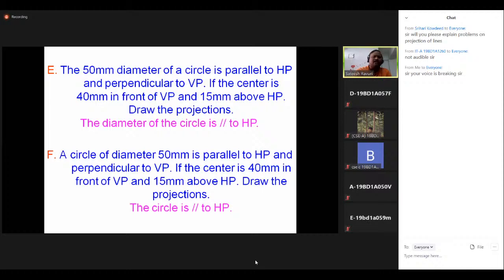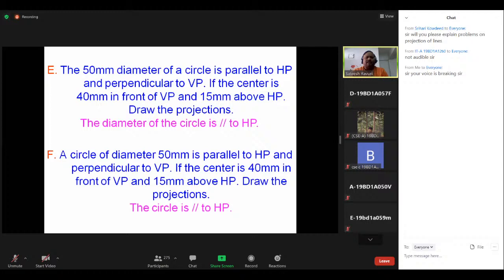Now coming to the next problem: the 50 mm diameter of the circle is parallel to HP and perpendicular to VP. If the center is 40 mm in front of VP and 15 mm above the HP, draw the projections. So the diameter of the circle is parallel to HP.